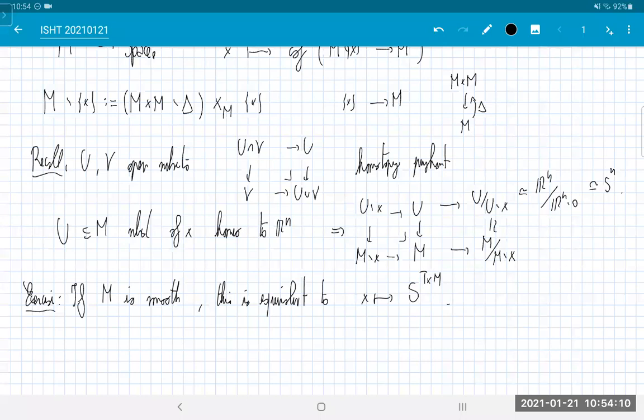That's because you just take a tubular neighborhood of the diagonal inside M times M and do the same trick again. And use, I don't know, maybe the tubular neighborhood of the diagonal is enough. You need to know what the normal bundle of the diagonal is. But if you know smooth manifolds, that's an easy exercise actually. The normal bundle of the diagonal is indeed the tangent bundle of your manifold.